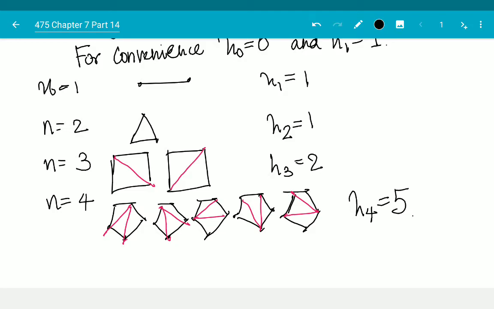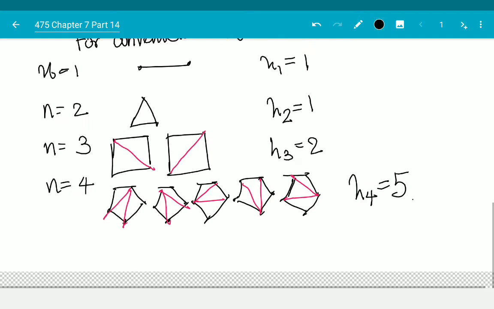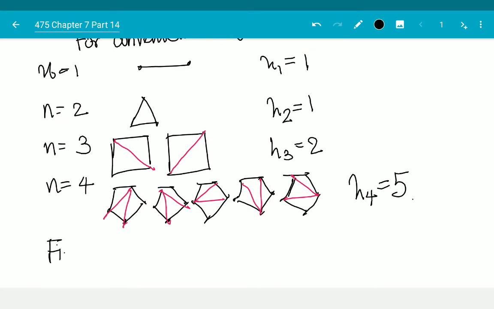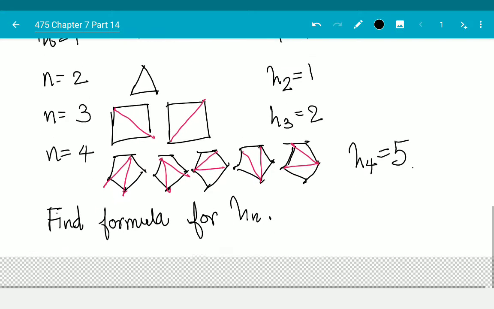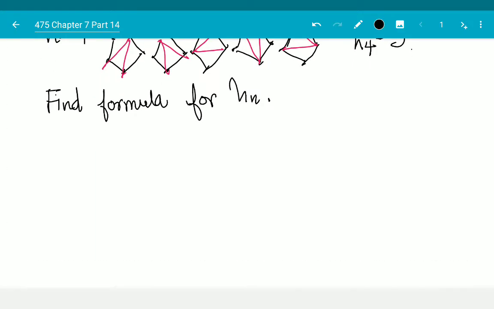Okay, so I want to find the number for a general n, a formula for a general h_n.